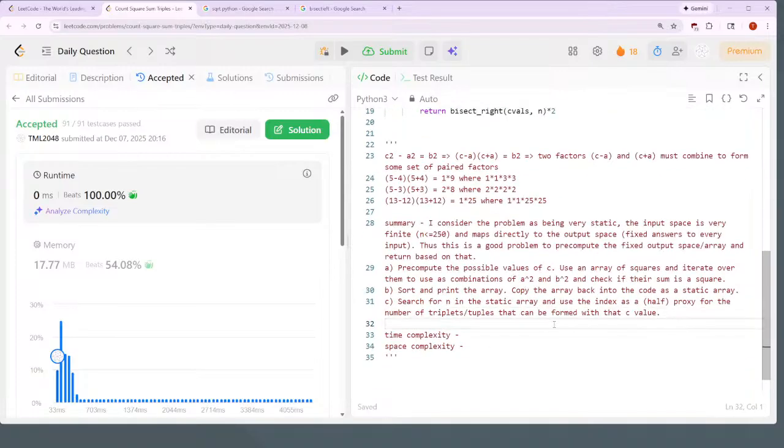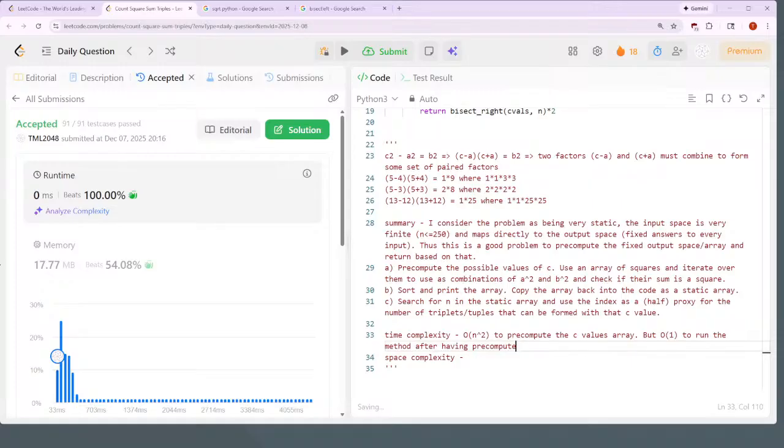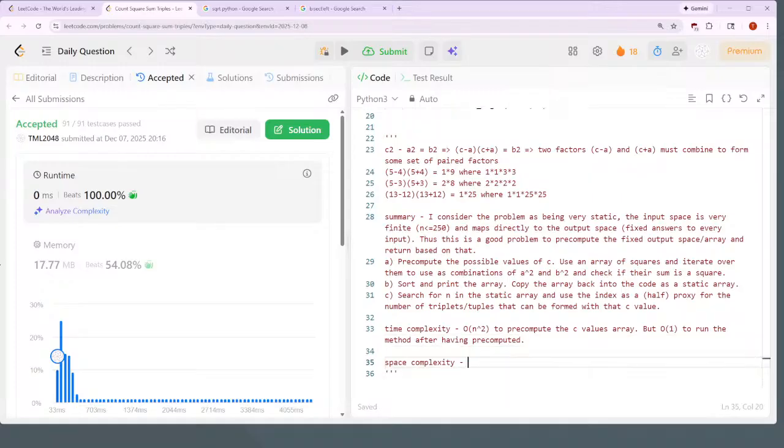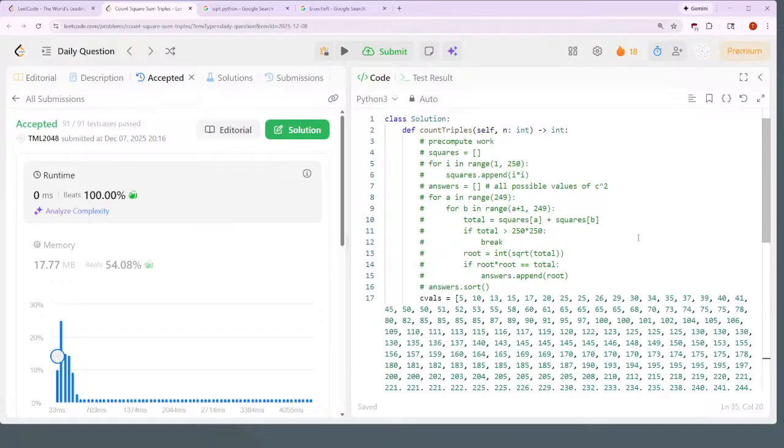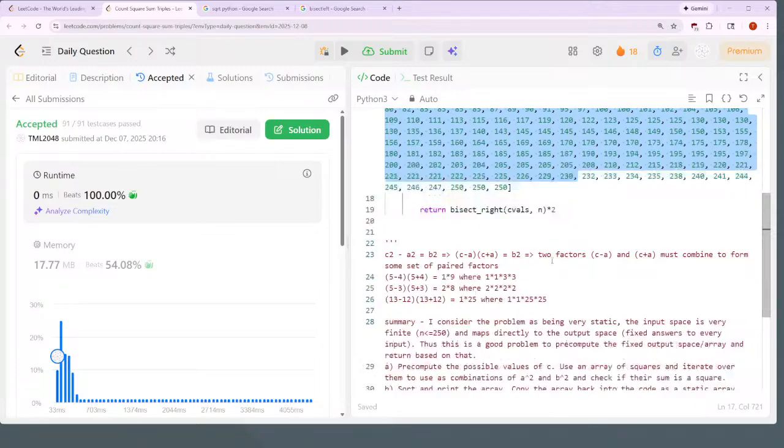Anyways, time complexity, this can be O of n squared to pre-compute the array, the C values array, but O of 1 to run the method after having pre-computed it. So in future actual calls of this, given this answer array, it's going to be just O of 1.